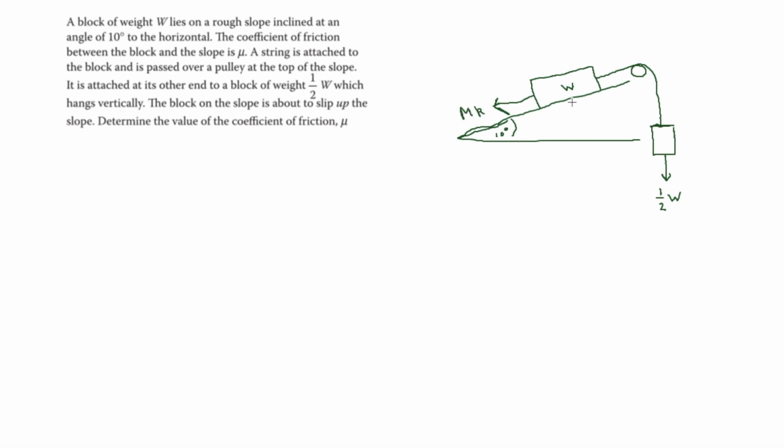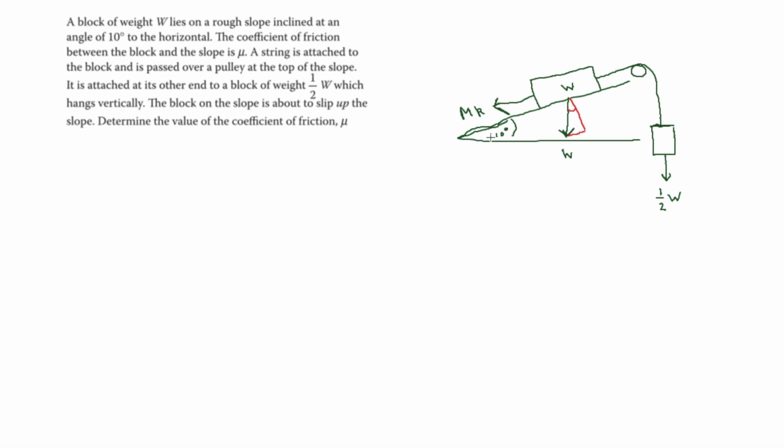Now we know that weight is going to act straight down. This is the problem sometimes with something which is on a slope, as weight acts straight down. This means we're going to have to resolve weight so that we can get a component perpendicular to the slope and one along the slope. Now the first trick is to work out what this angle here is.